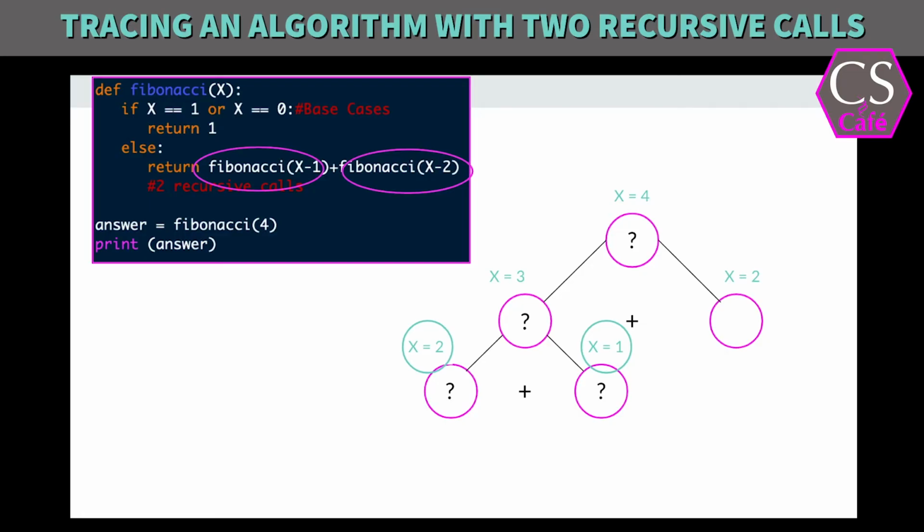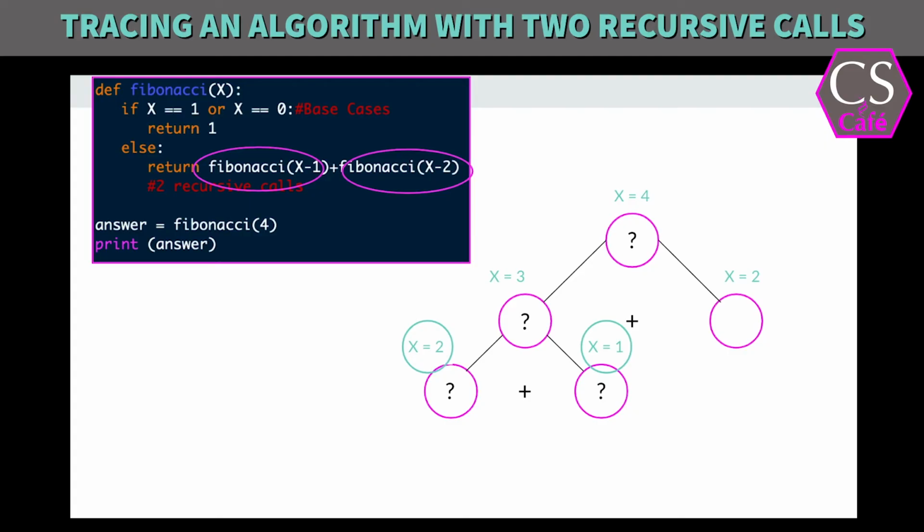Okay, next we go down to the left of the tree and we say the Fibonacci of 3, so that is 3 minus 1, so x minus 1 is 2, and then going to the right, 3 minus 2 is 1. So we're looking at what the value of x is at each stage.